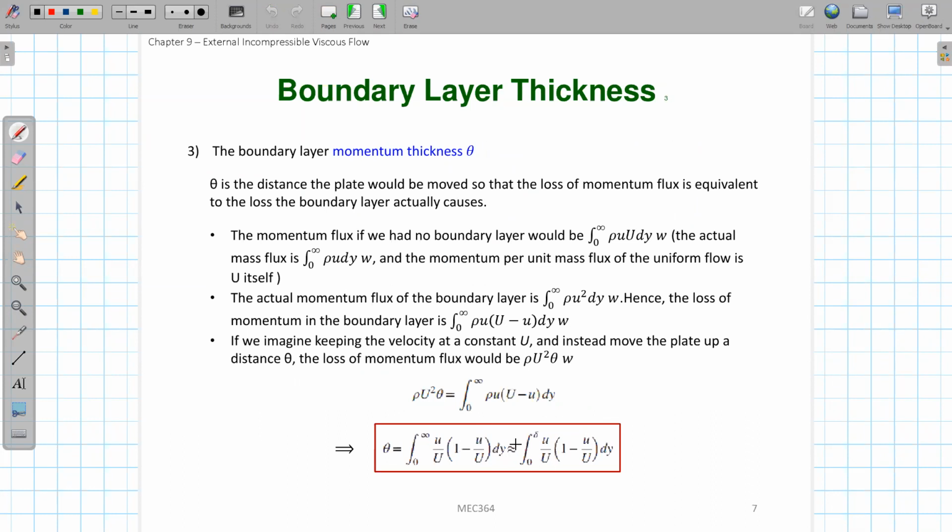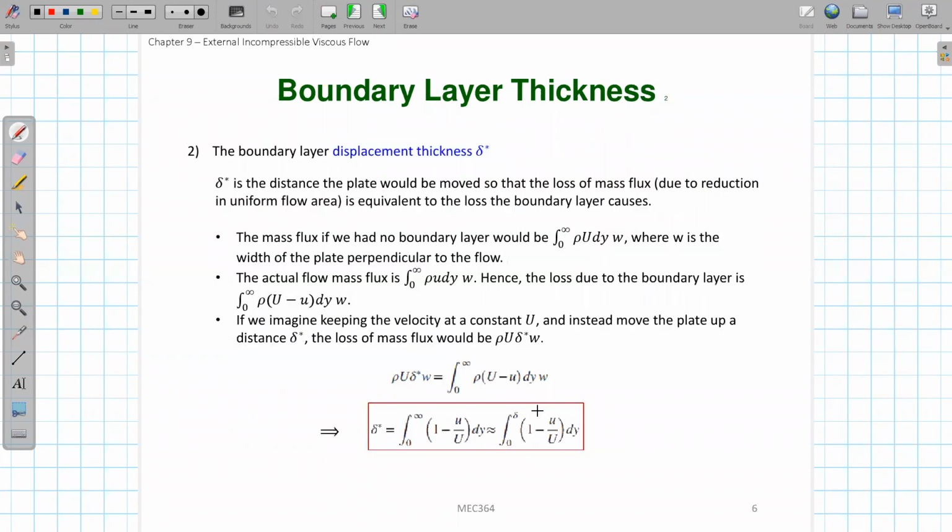So this is the final result for it. All right, and comparing with the displacement thickness delta star, we only have one additional u over U coefficient in the integrand. Okay, so this is where we left off at the end of the last lecture.